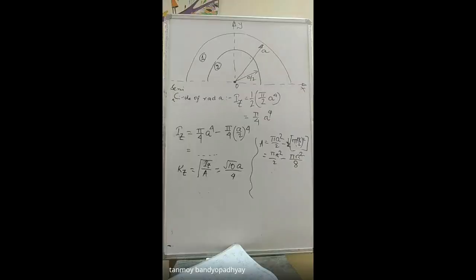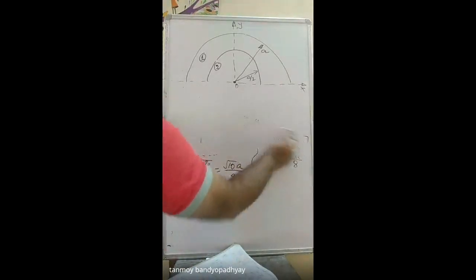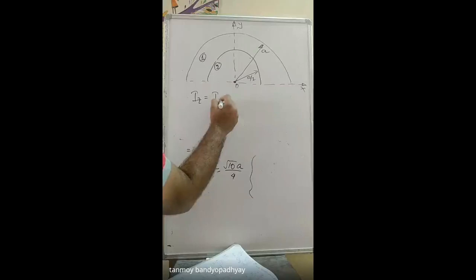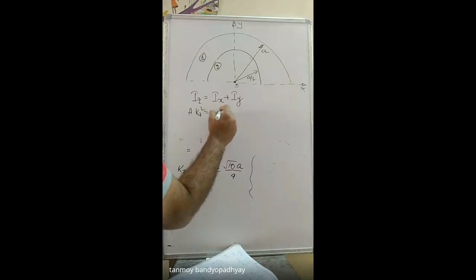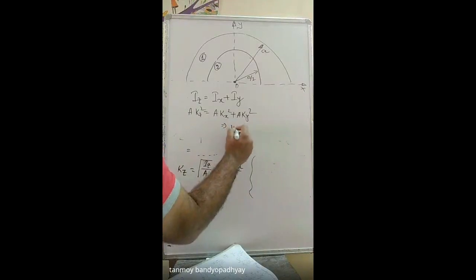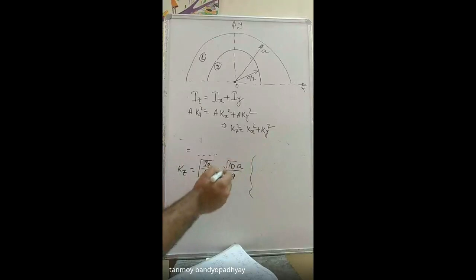So now write down. Iz will be equal to Ix plus Iy. So A Kz square is equal to A Kx square plus A Ky square. So Kz square is Kx square plus Ky square. Since the figure is symmetric, from symmetry of the figure, Kx is equal to Ky.